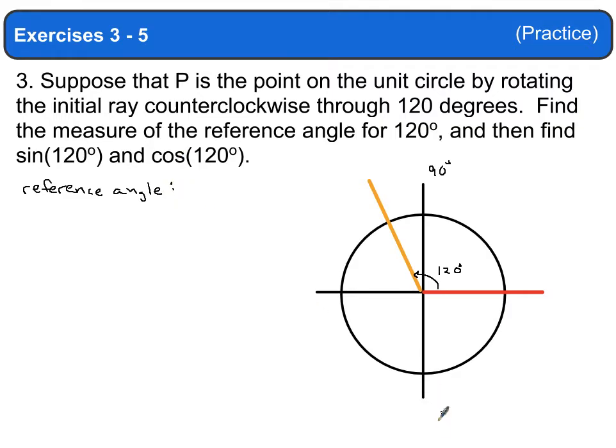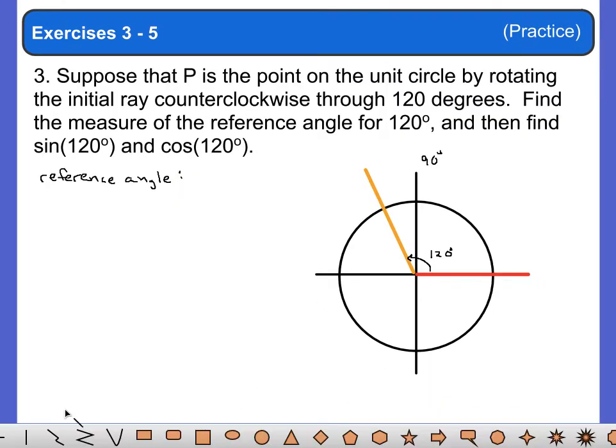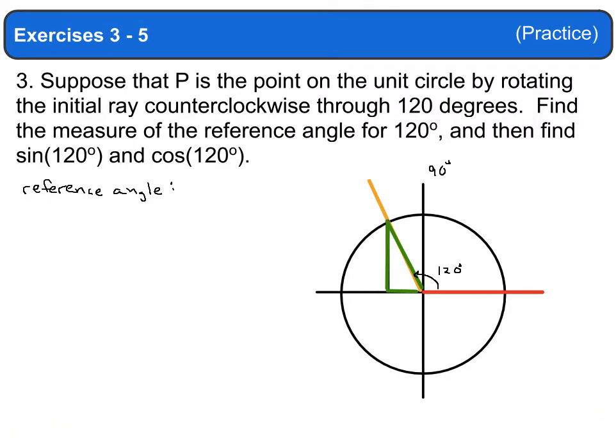My reference angle is going to be the angle that is created by dropping a line straight down to the x-axis. So by doing that, I end up creating a right triangle with the x-axis. Always with the x-axis, never the y-axis here.